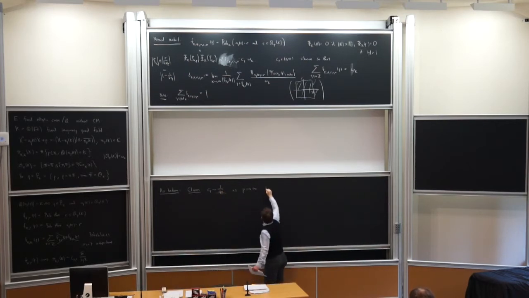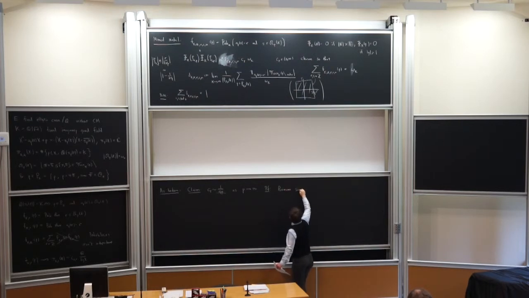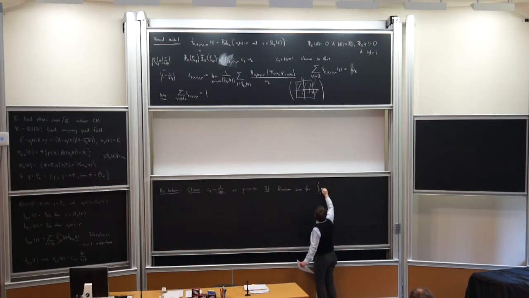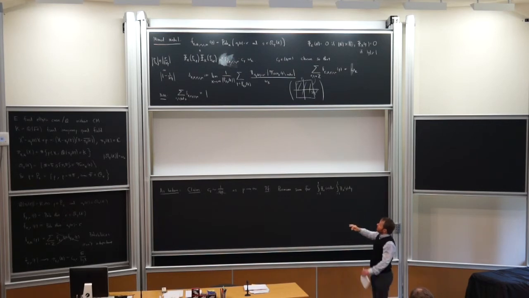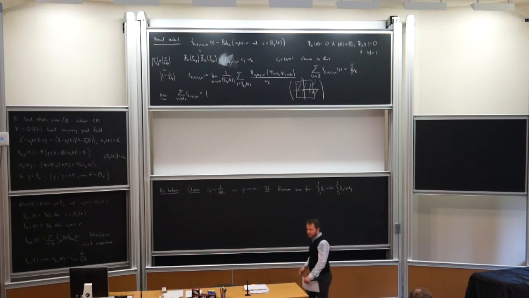And then again, proof: Riemann sum for one of, remember, those two factors are independent, so you can split it up like that, and it becomes just an independent Riemann sum for each one. Okay.